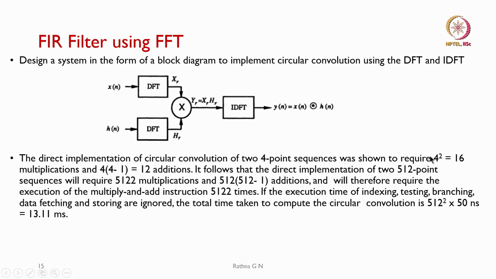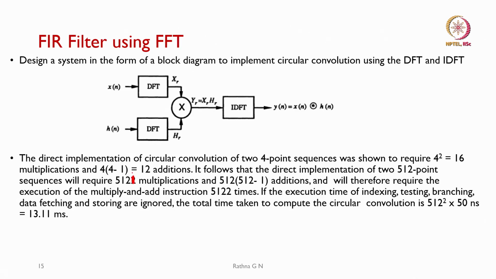If we take a 4 point, then we know that 4 squared is 16 multiplications, and 4 into 4 minus 1, 12 additions, in the direct circular convolution for 4 point. Now, we are assuming the same thing for 512 points.